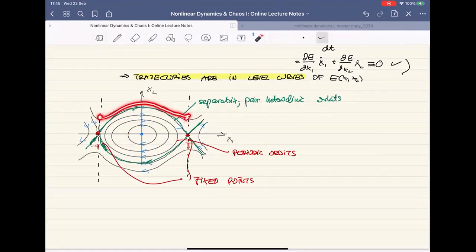It has to have the same energy. So that repetition will be just here, you know? So those are also periodic orbits, but only in this periodic phase space.